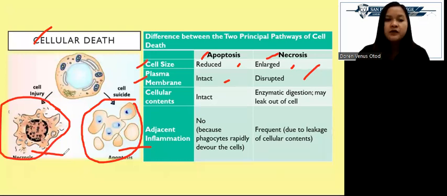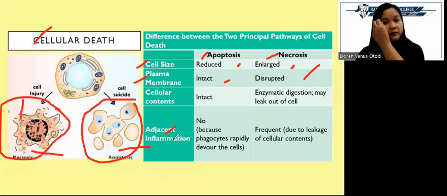And then for the cellular contents, apoptosis is still intact, while in necrosis, there is enzymatic digestion, and the substances inside the cell may leak out.